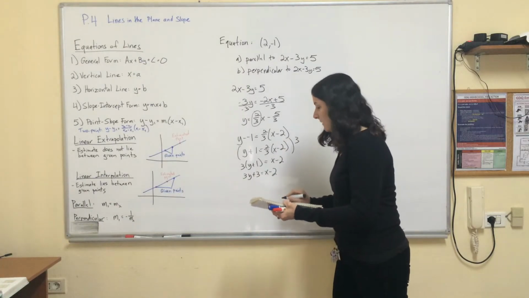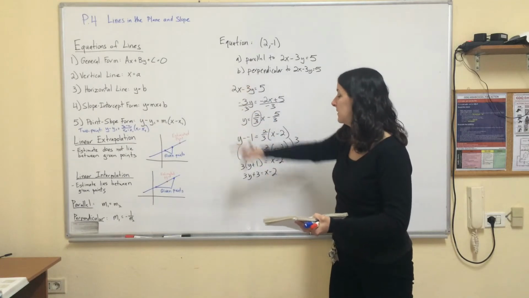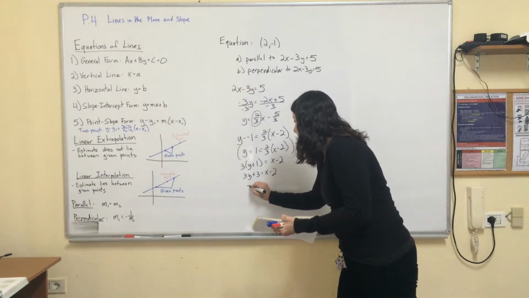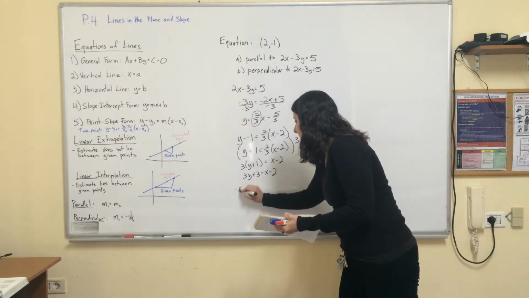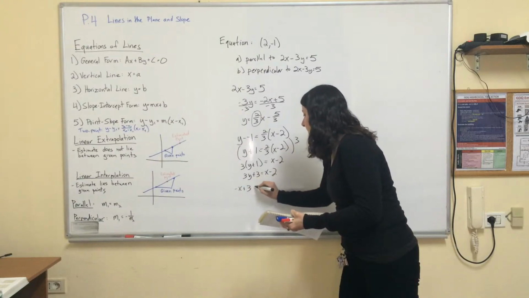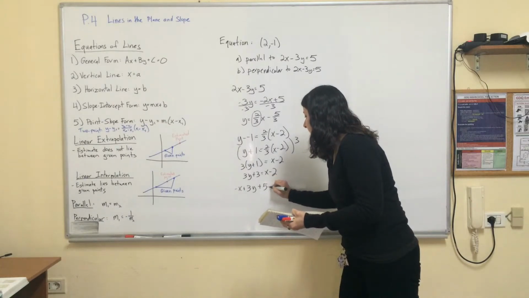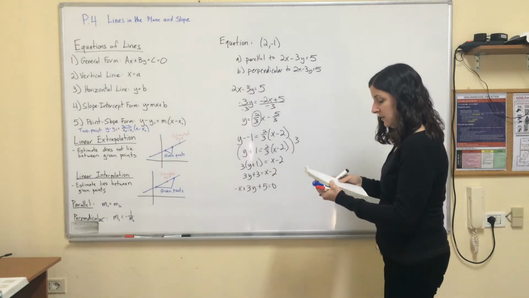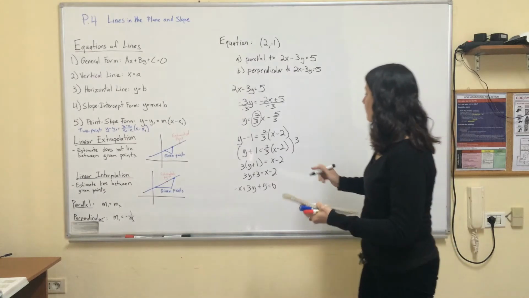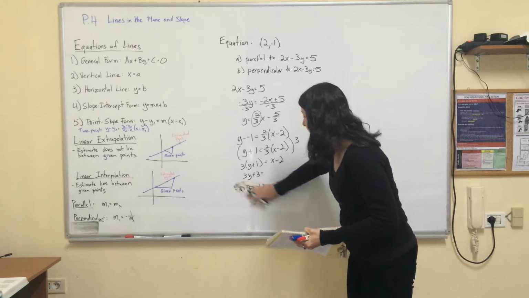Move everything to the other side. The general form would be negative x plus 3y plus 5 equals 0. Oh, sorry, I made a mistake here.